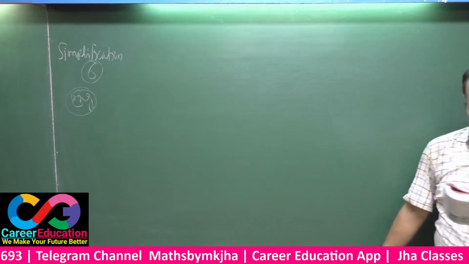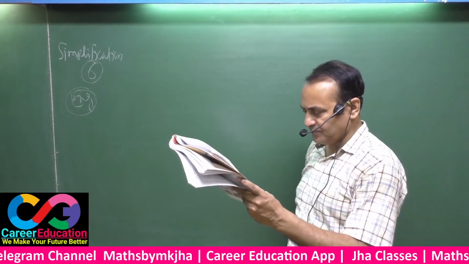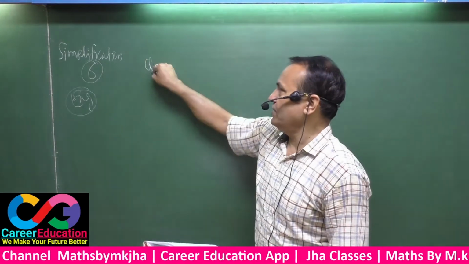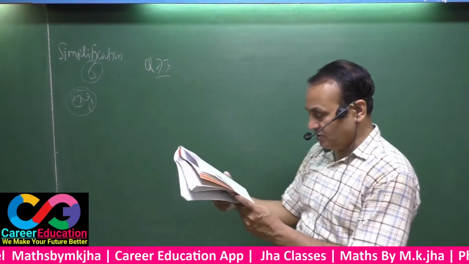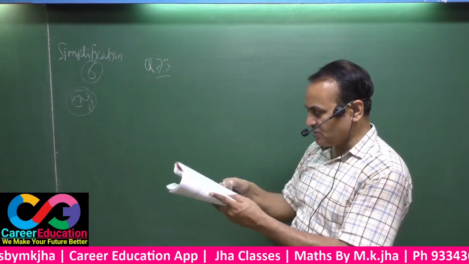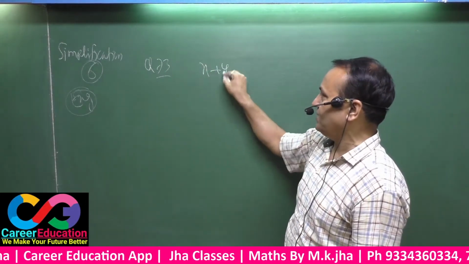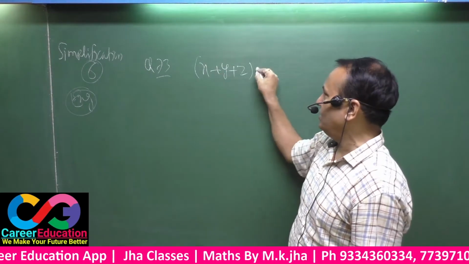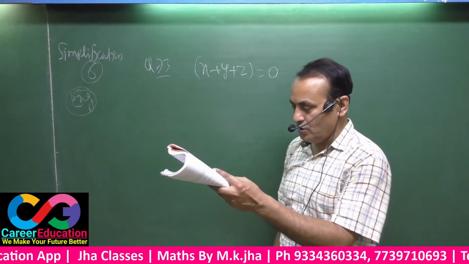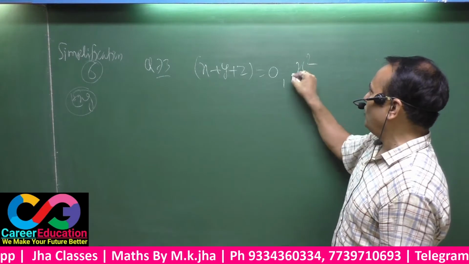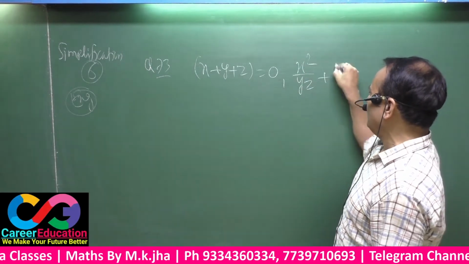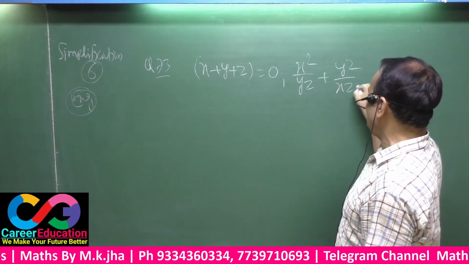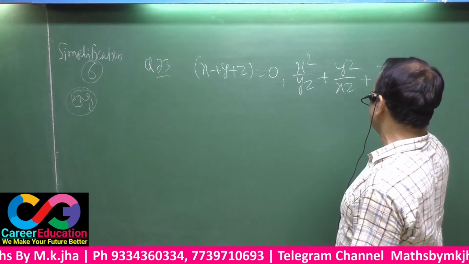Now, question number 73. See, question number 73 is, if x plus y plus z equals 0, you have to find out the value of x square by yz plus y square by xz plus z square by xy.